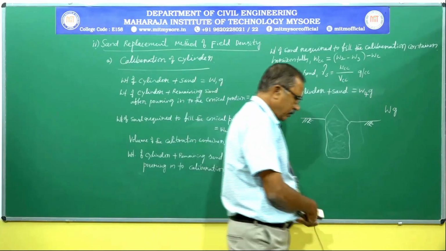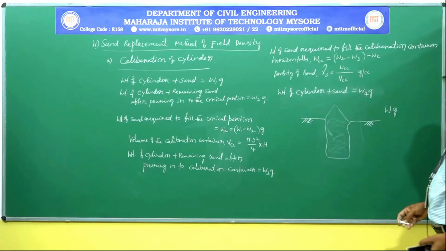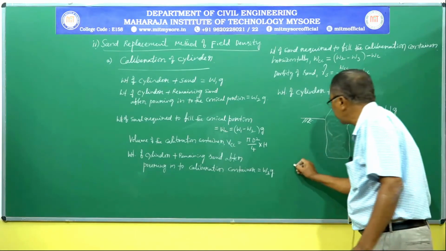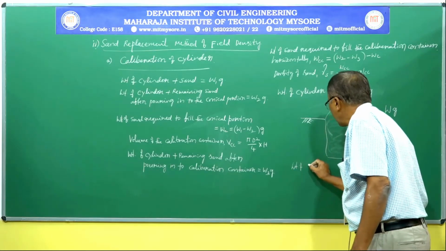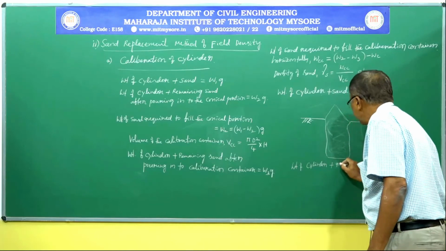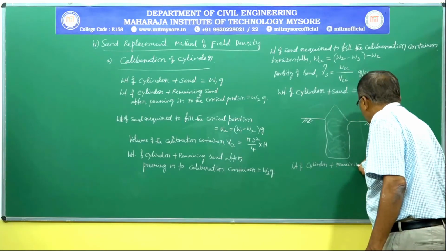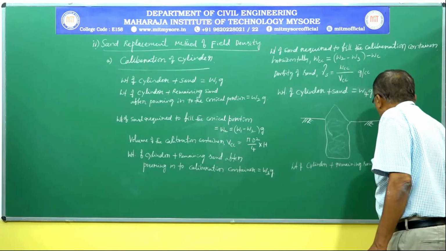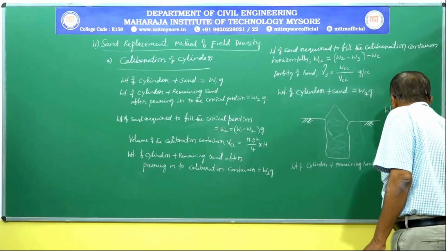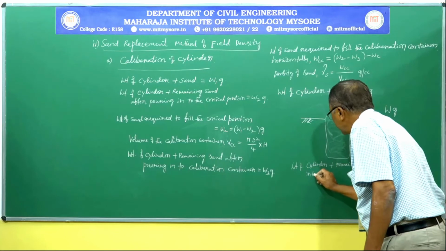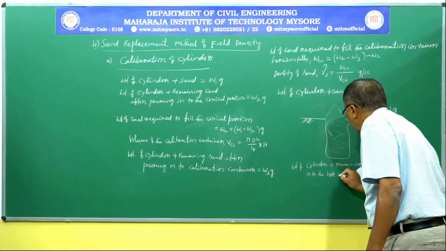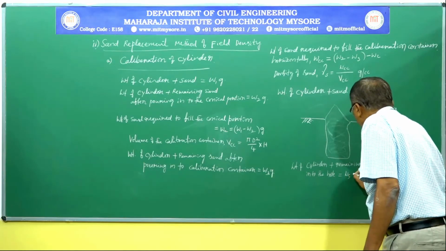Next, come back to the laboratory. In the laboratory, note down the weight of the cylinder plus remaining sand after pouring into the hole, that is equal to W5 grams.